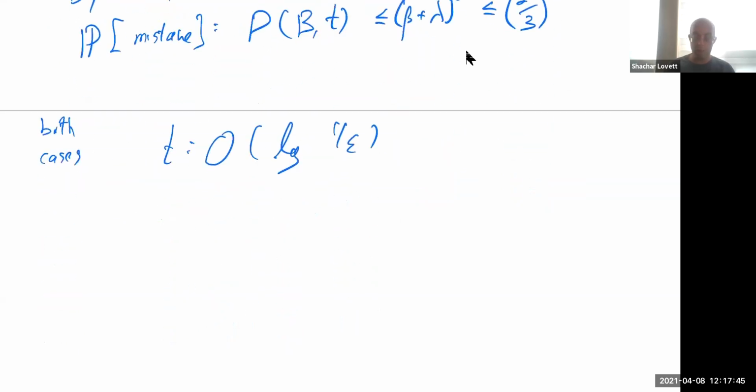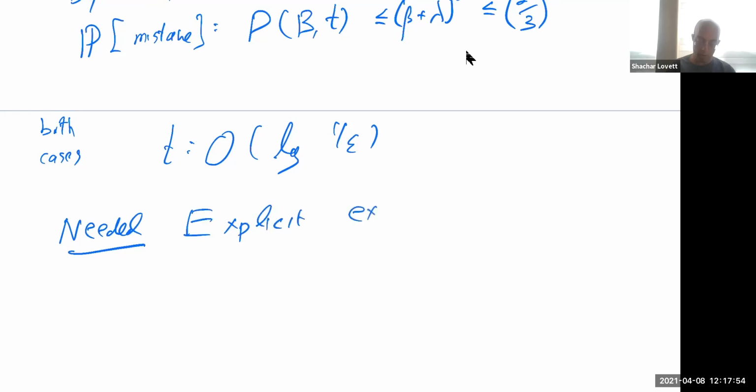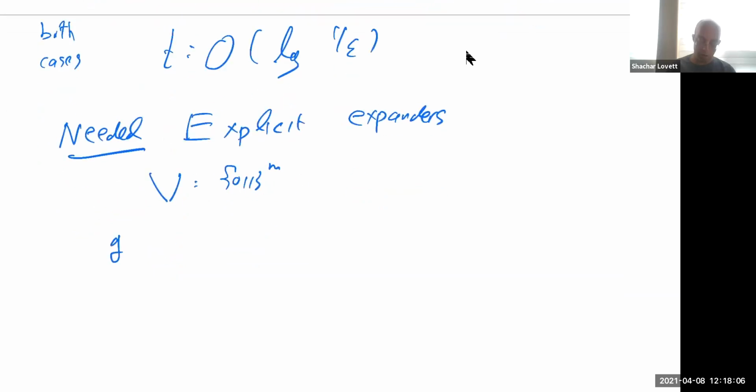So what did we need? Let's just write it. We needed explicit expanders. But more specifically, if V was {0,1}^m, let's say, what we wanted is, given a node v in V, we can compute its neighbors, a constant number of them, efficiently.